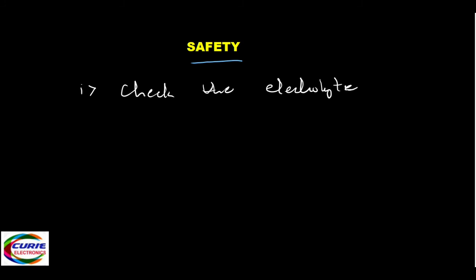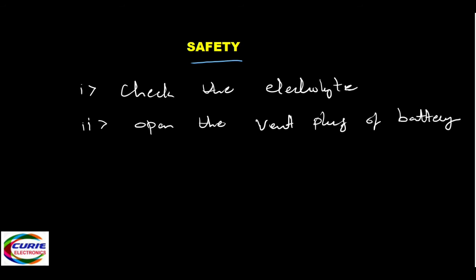It should be 10 or 15 mm above the cell plates. The second thing is to open the vent plug of the battery. This will help the gas to escape.